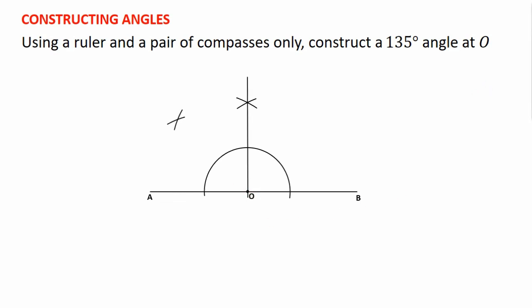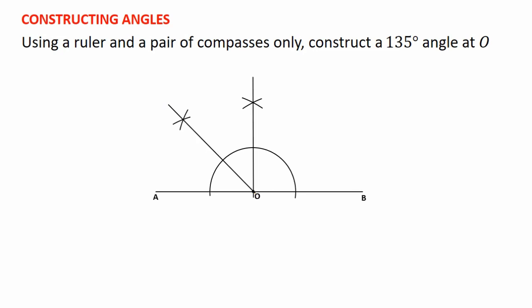So you pick your ruler and your pencil and you draw a straight line to join the point of intersection of the two arcs to the point O, just as I have done here.